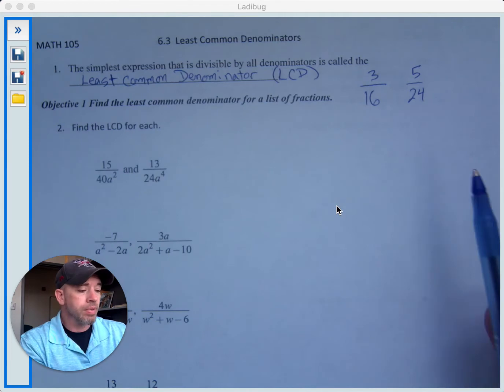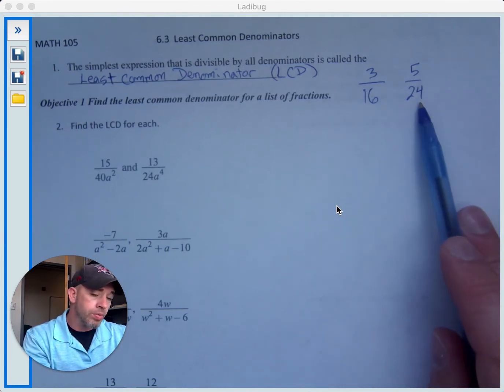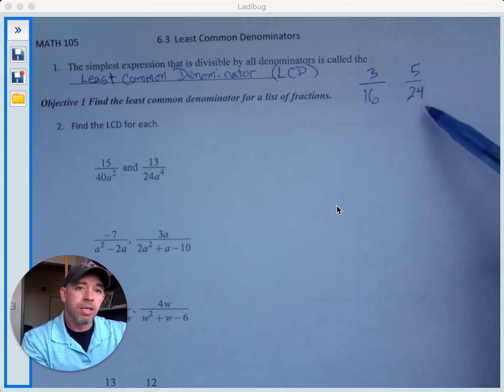Then we have to find something that 16 and 24 both go into, right? Well, 16 doesn't go into 24. That'd be a good thing to check. But I usually still like to start with a bigger number and then look for multiples of that number.